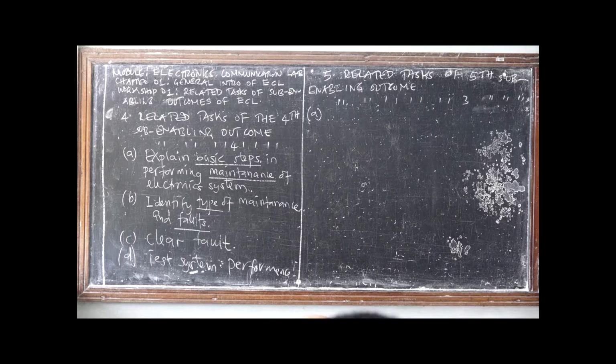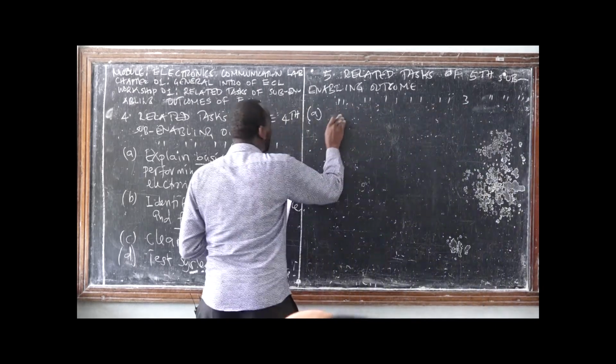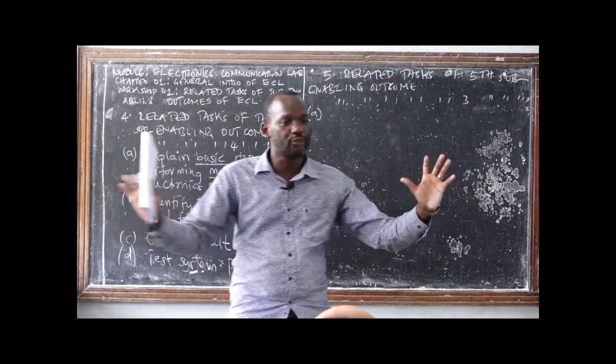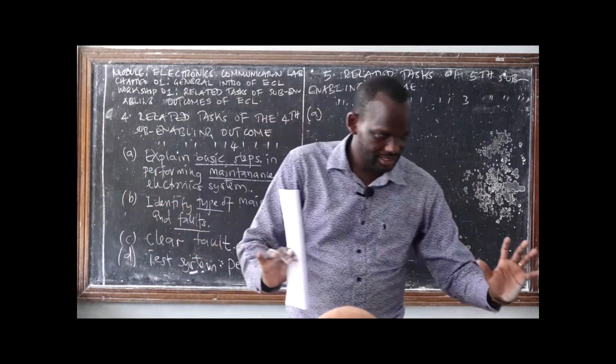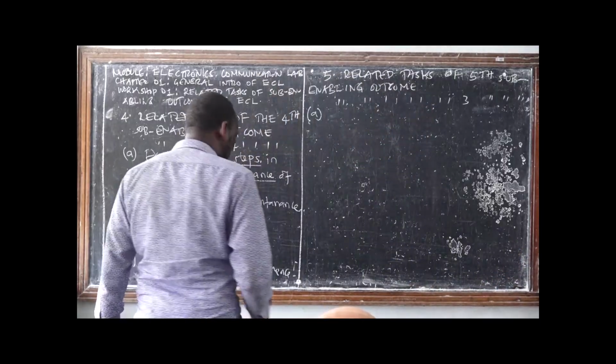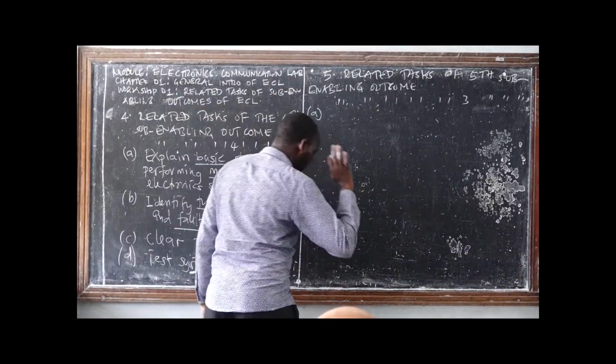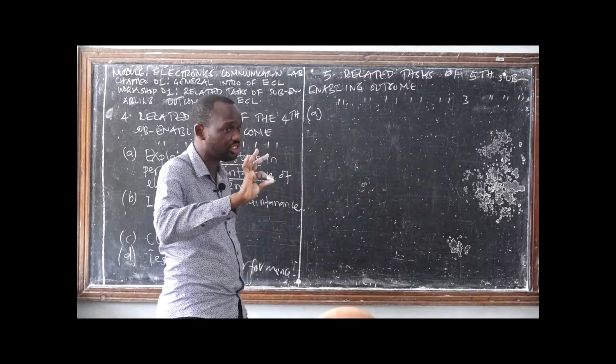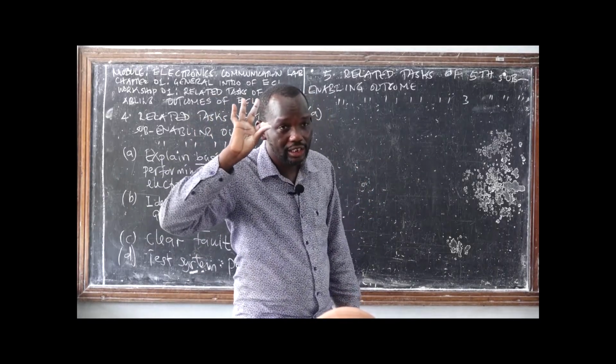Employ knowledge and skills of electronic and telecommunication to connect electronics communication system parts. Who is the winner? You are selfish. Okay. So it means that this sub-enabling outcome is about connecting different communication parts. And I told you that any telecommunication system can be broken into 3 main parts.